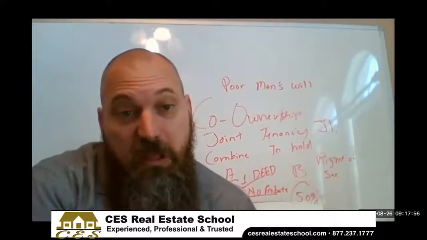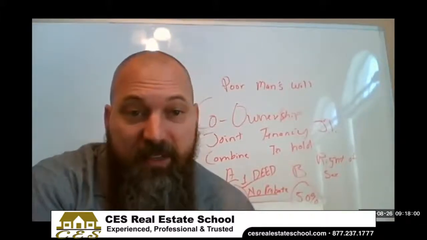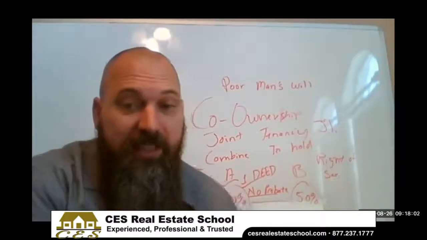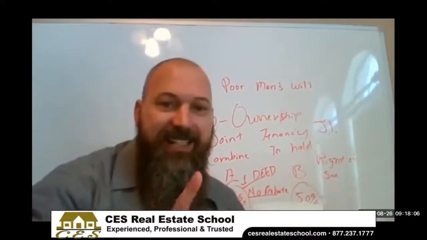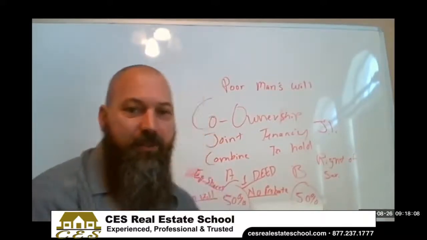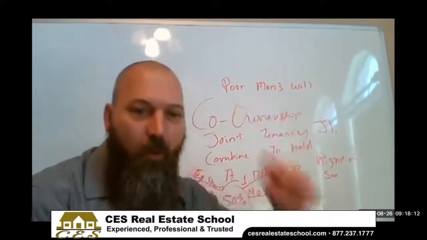And B goes, yeah, all right, that's cool. Makes sense to me because I want to be able to will my half to my son too. So let's go ahead and break the joint tenancy. If they break the joint tenancy, what is the default? So what does it automatically go into? If the joint tenancy is no longer in existence, what does it go into?